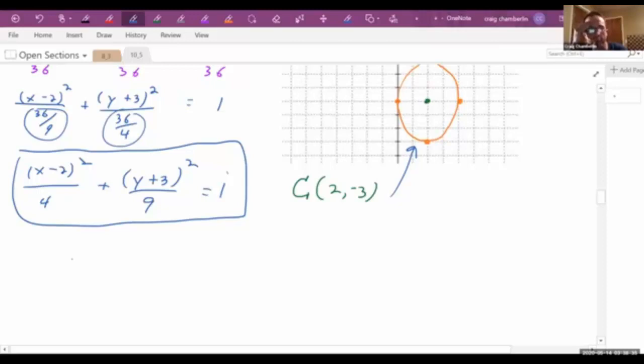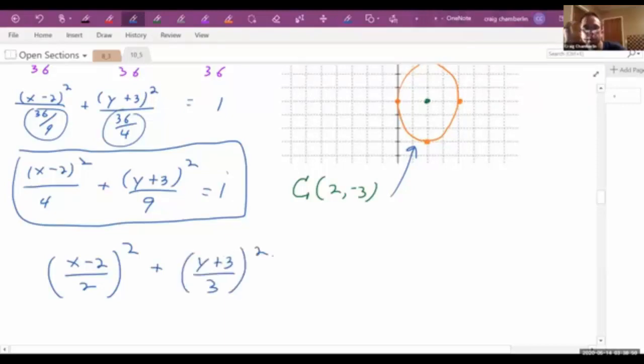You can rewrite this first guy, (x - 2) squared divided by 4, as (x - 2) over 2, the whole thing squared. That's the same thing because the exponent splits up over division. We're kind of bringing out the exponent, I guess. And then (y + 3) over 3, the whole thing squared, equals 1.